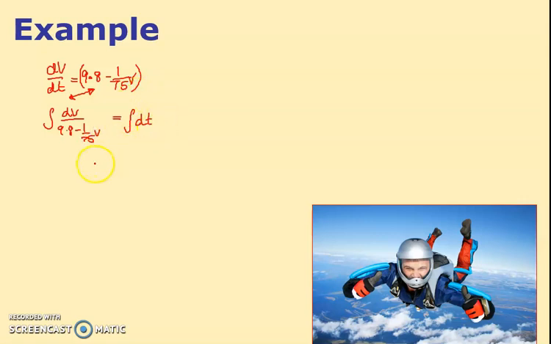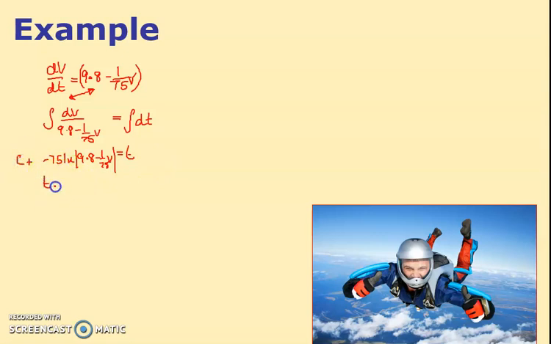Now on the right hand side, easy, that becomes t. The left hand side, it's got to become a log presumably. And because it's over this minus a 75th, I think it basically becomes minus 75 log of 9.8 minus a 75th of v. Oh, be careful, I've got to put a constant there as well, plus a constant.